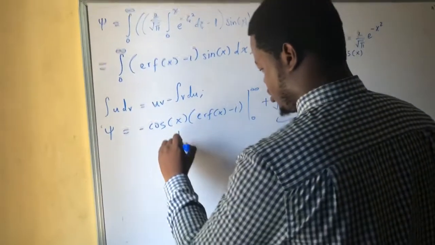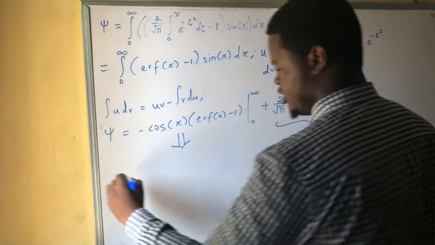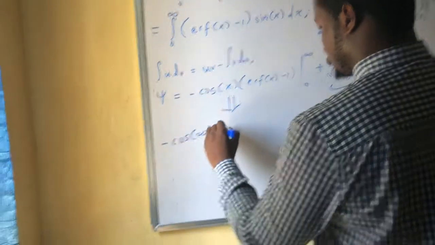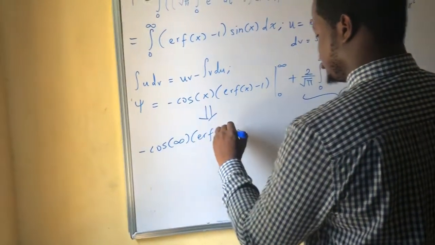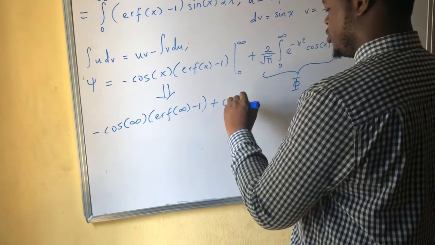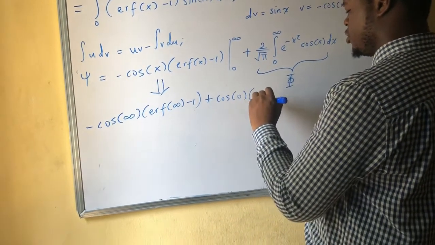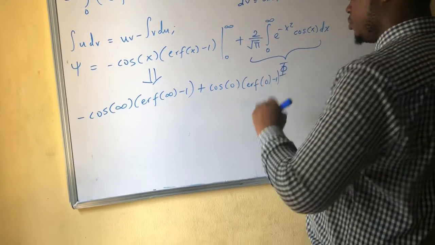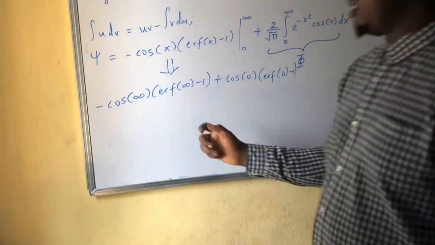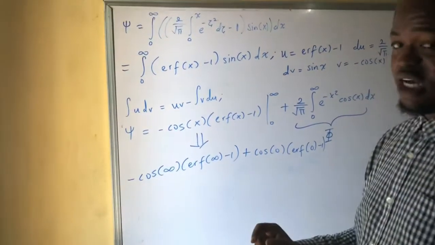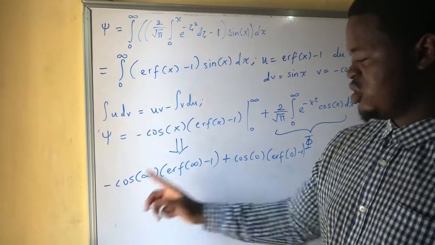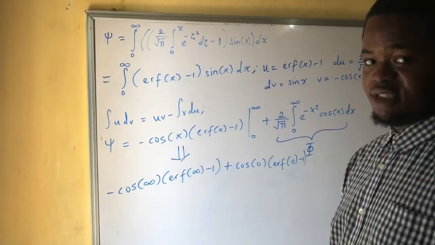This part of the question is simply cos infinity times the error function at infinity minus 1, plus cos 0 times the error function at 0 minus 1. By definition, the error function evaluated at infinity is simply 1. Are you with me? So 1 minus 1 is 0. Cos infinity is what? Infinity.